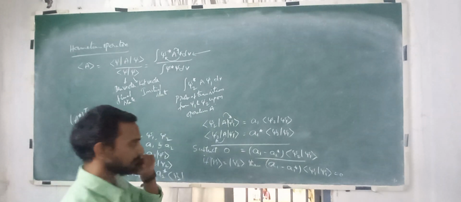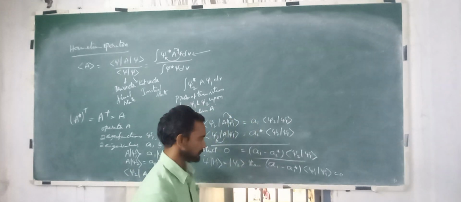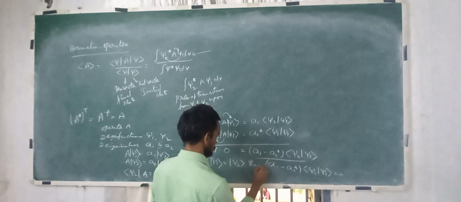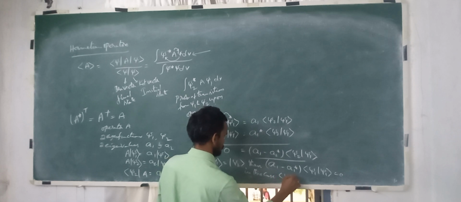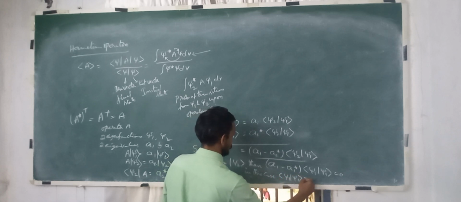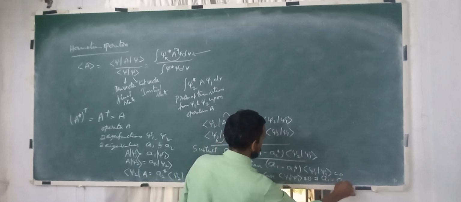Psi 1 is the probability of finding a system in a state psi 1, so that is not 0. That implies a1 is equal to a1 star.